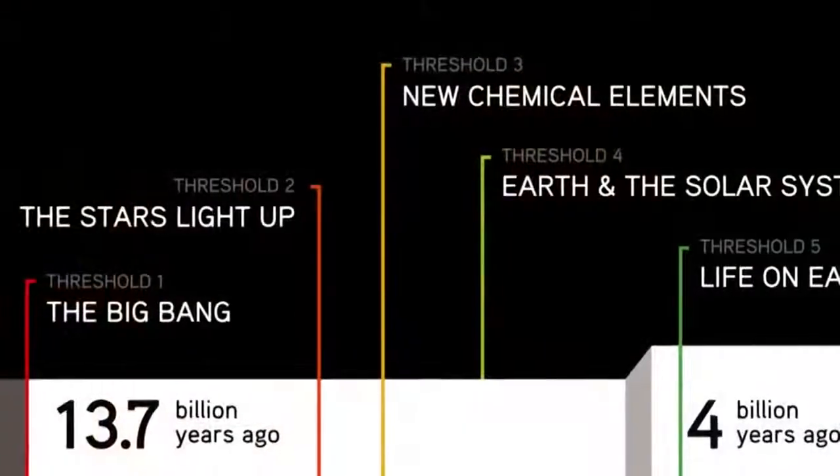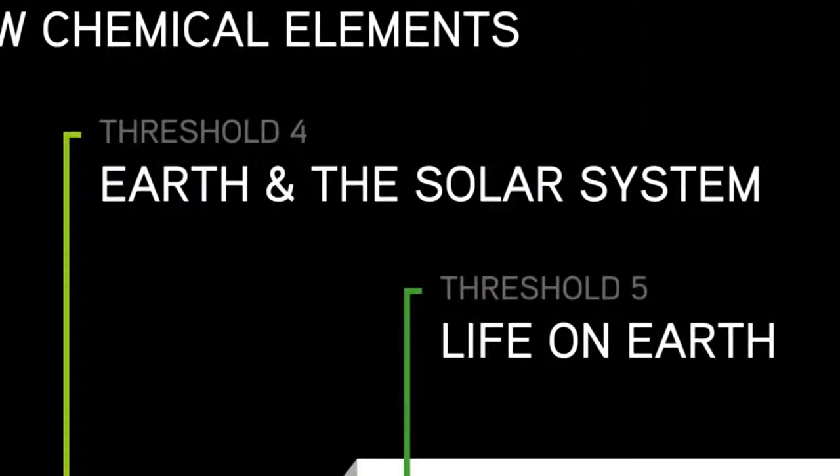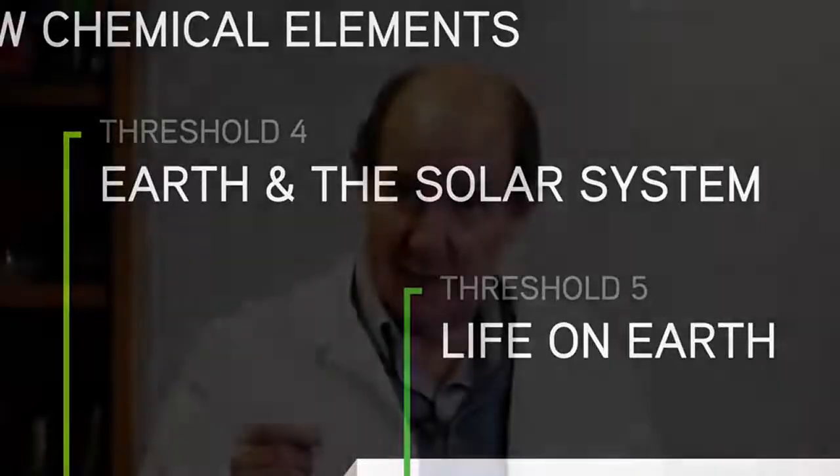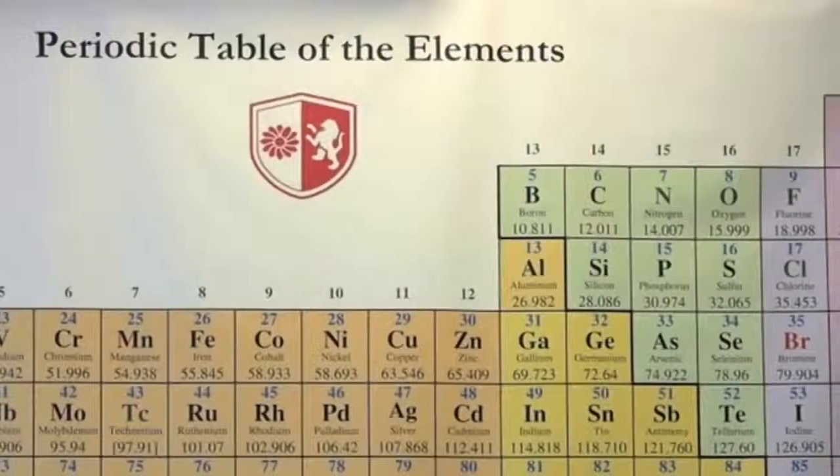Now, we regard the creation of solar systems as the fourth great threshold in this course. And that's because planets, and in particular rocky planets like our Earth, are significantly more complex than stars. They are more complex because they have more internal structure, but they are also much more complex chemically.